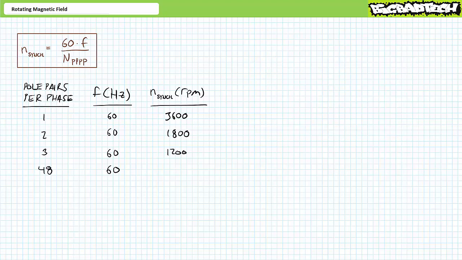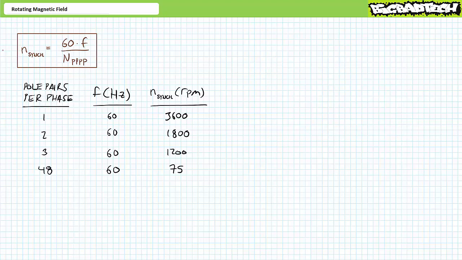The third motor, with 3 times the number of pole pairs per phase as the first, also operated at 60 Hz, has a synchronous speed of 1,200 RPM. Finally, the last motor with a crapload of pole pairs per phase, operated at 60 Hz, has a synchronous speed of 75 RPM.